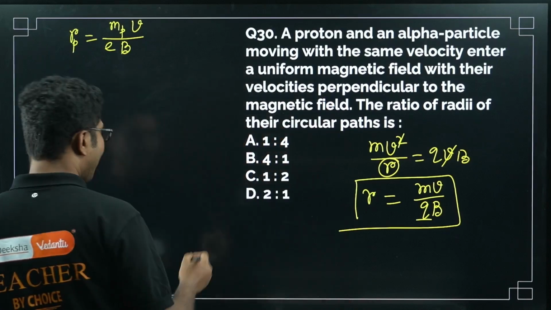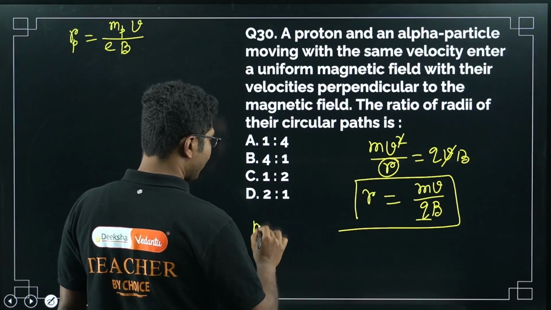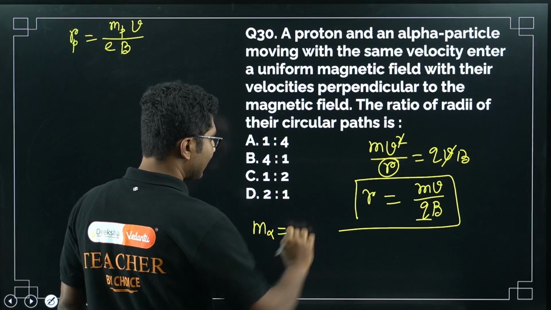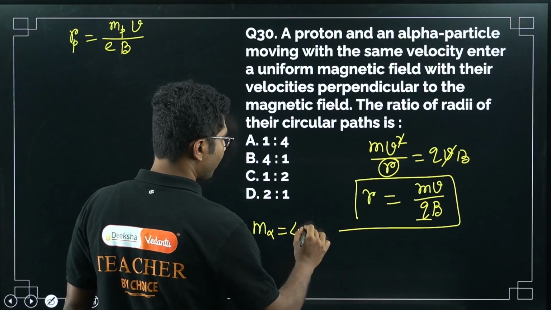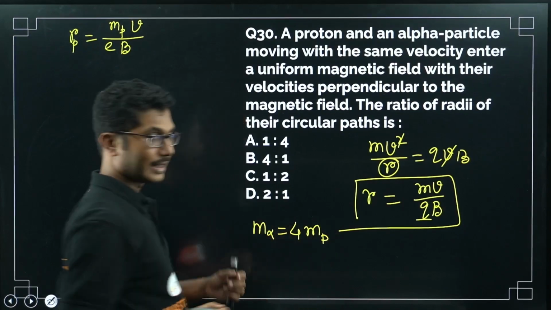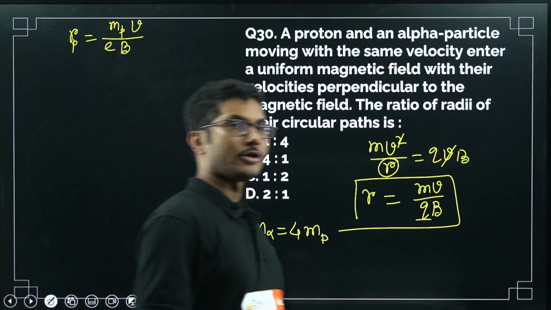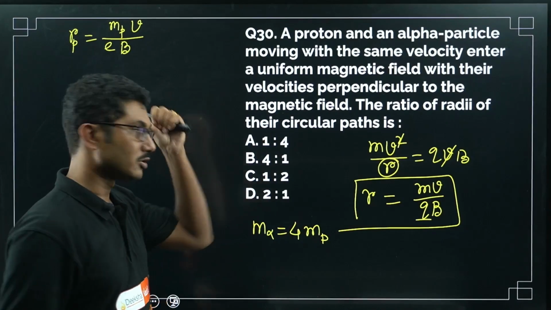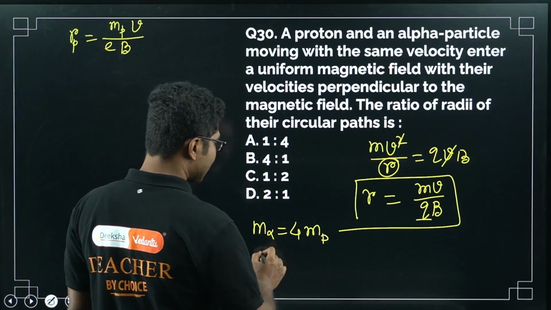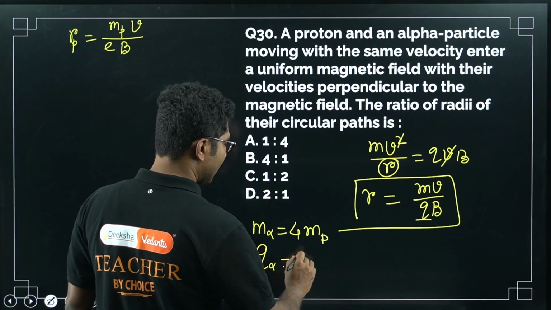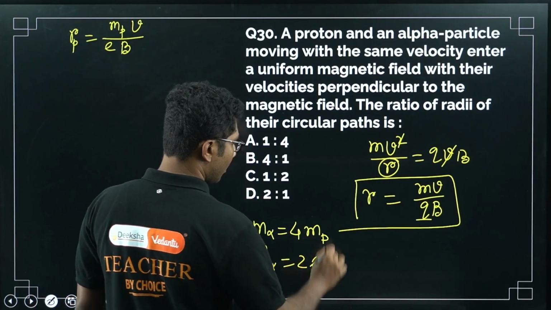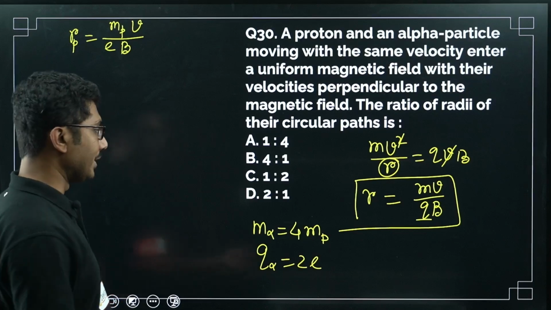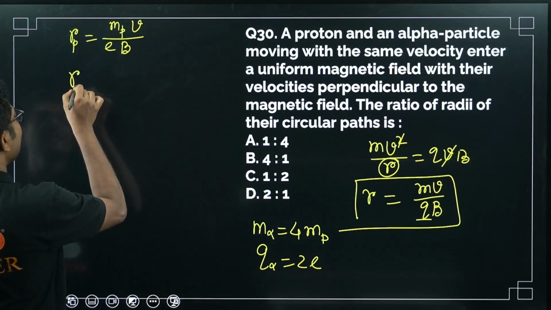Now for an alpha particle, mass of an alpha particle is basically 4 times mass of proton. We already know that, right? There are 2 protons and 2 neutrons inside an alpha particle, so its mass is basically 4 times that of a proton, and its charge is 2 times that of a proton. So 2e. Now what is R alpha?